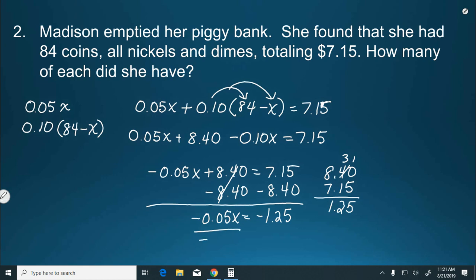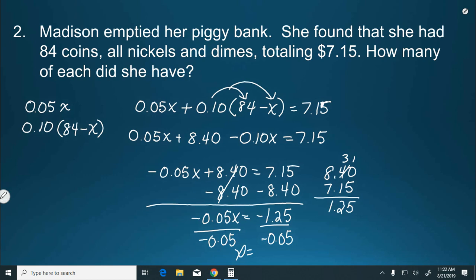Divide by that negative 5 cents. A negative divided by a negative is going to result in a positive. And when we're talking number of coins or number of anything, it should not wind up being a negative number. And you can just think of it as 5 cents into $1.25. So how many nickels are there in 125 cents?